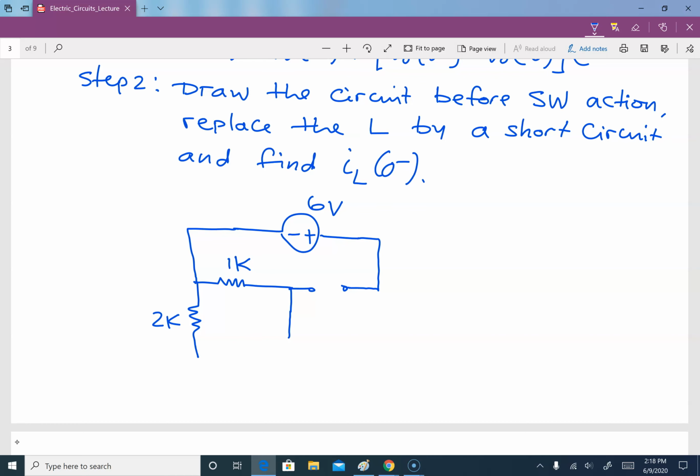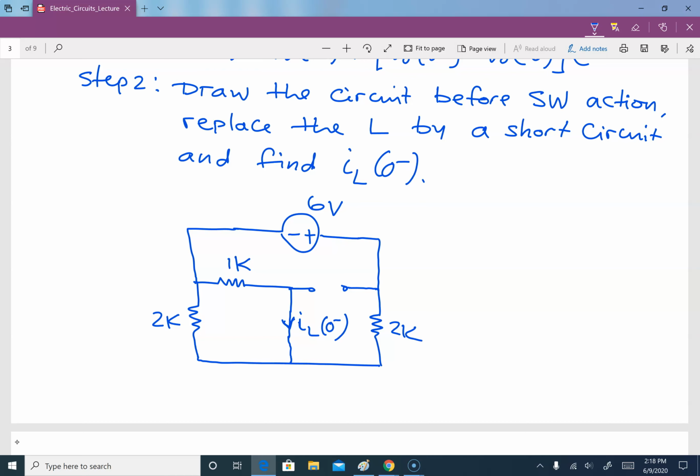Before switch action, it was open. This is 2K. And over here is our L, so we short that. Now we need to find this current, IL of 0 minus.